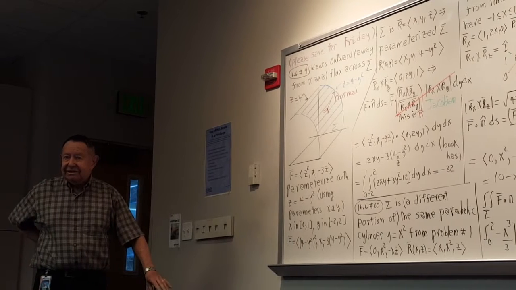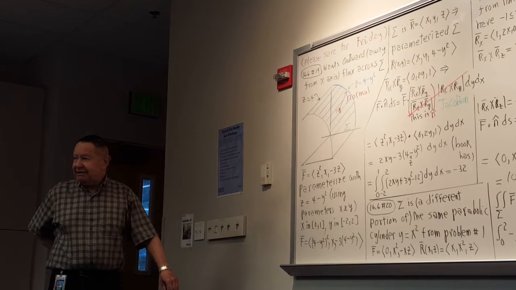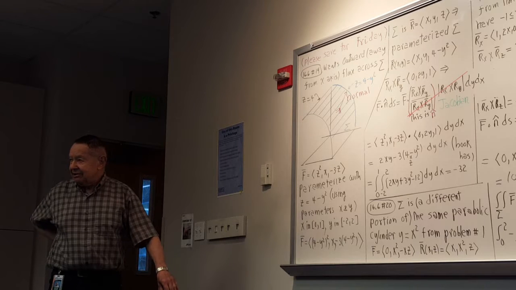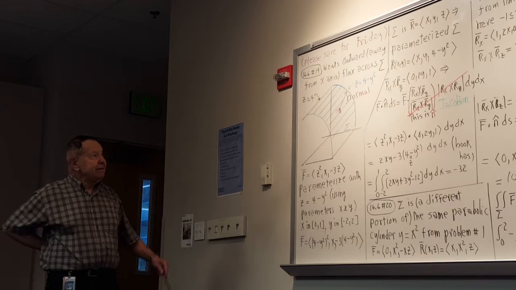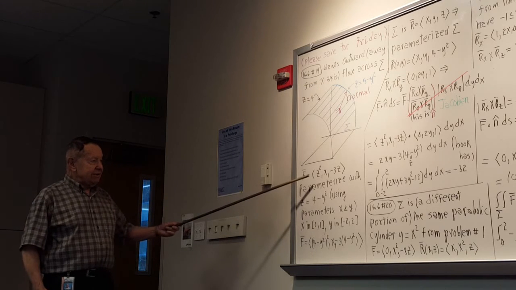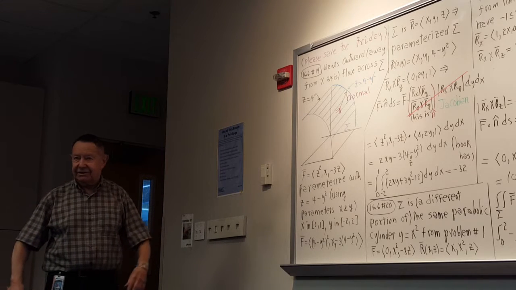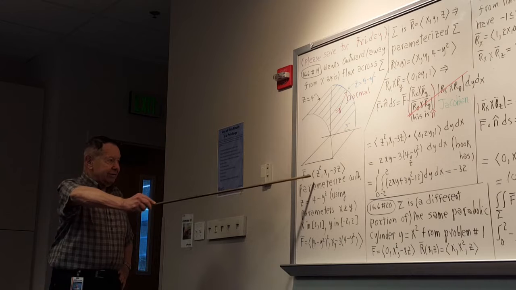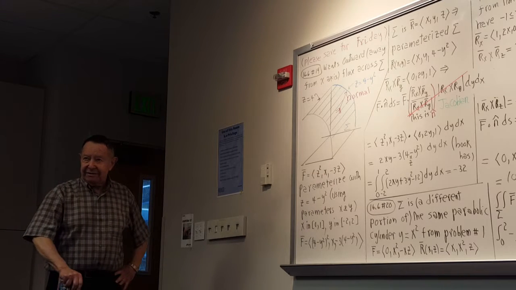They were just an integration of a function that could be interpreted as a charge density or a mass density or something like that. Now these want the flux, so you're going to be given a field. So you know whether or not it's a flux integral by whether or not you're given specifically a vector field.